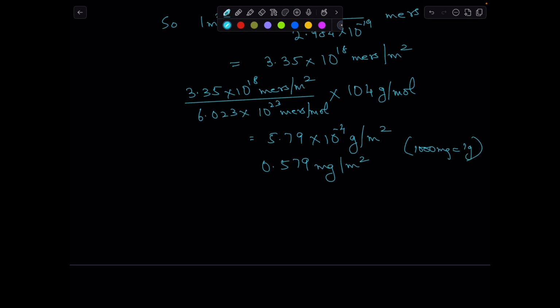We can now compare this with 2.5 milligrams per meter squared of polystyrene.